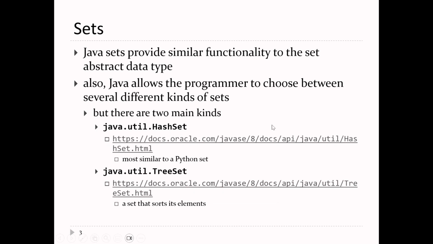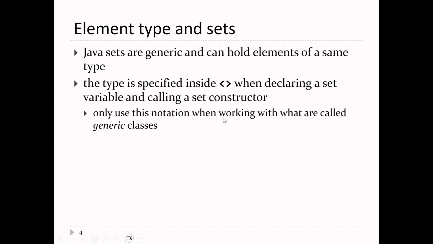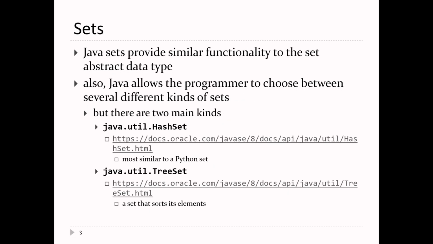All right, so in Java, you've got your choice of normally 3 different kinds of sets. I'm showing you 2. There's one called HashSet. There's one called TreeSet. So if you know what a hash table is, then a HashSet is similar to a hash table, except it contains unique elements.